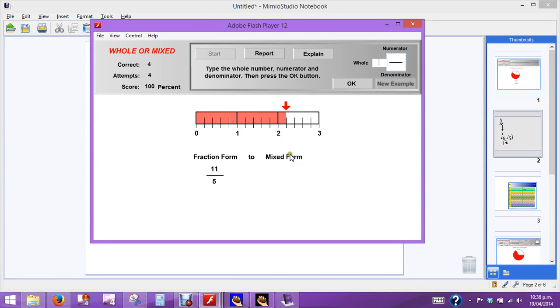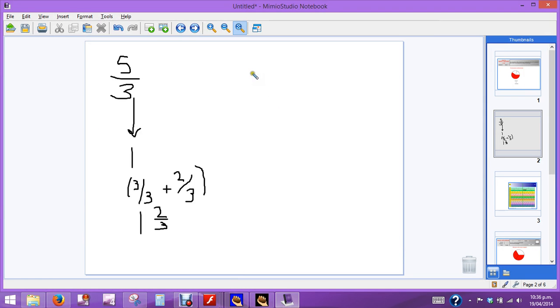Let's try the next one. 11/5, using my division. 11/5. How many 5s in 11? Clean 5s. Well, that'll be 2 wholes. And that takes care of 10/5. But I've got 11/5. So I just don't have 10 in my original fraction.